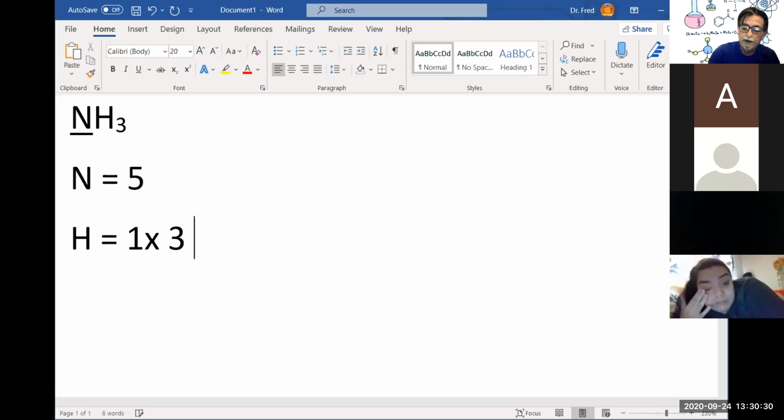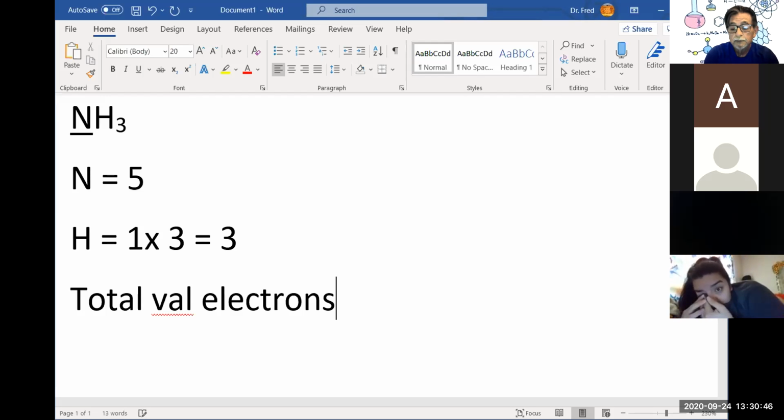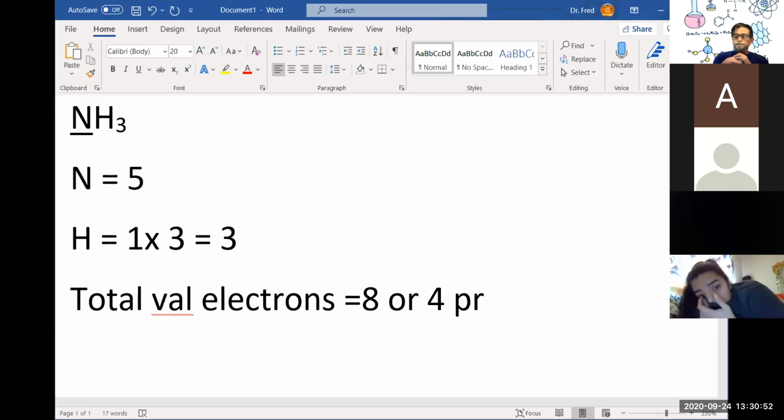Correct? Would everybody agree on that? So we have a total of 3 valence electrons for the hydrogen. Again, we had the scenario where the total valence electrons equals 8, or 4 pair. So far, so good? All right.